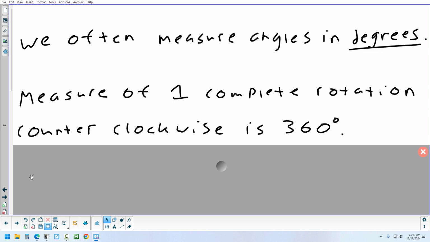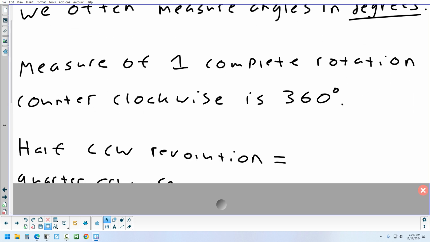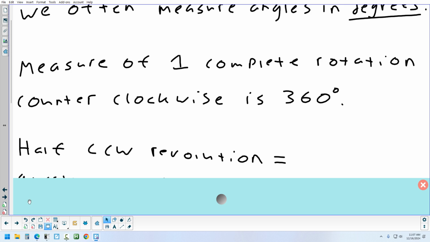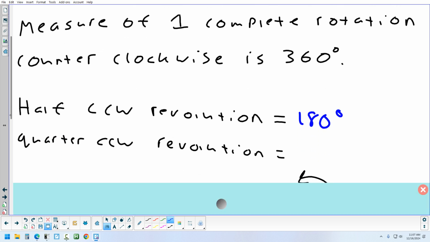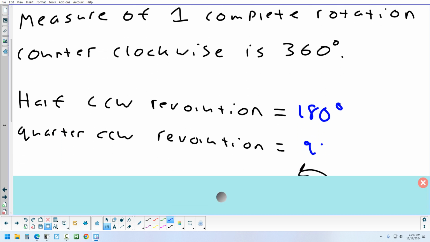Now, you can rotate in two different directions. For now, we're just talking about counterclockwise. How about a half counterclockwise? That would be a 180. And a quarter? That would be 90.